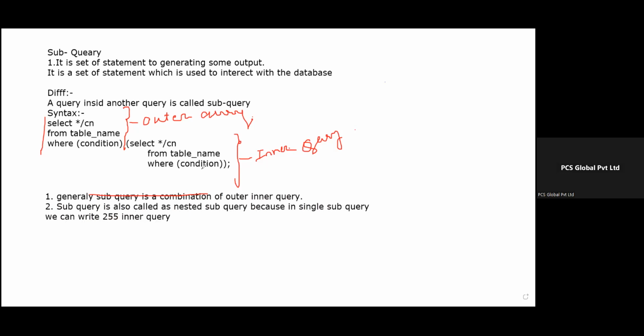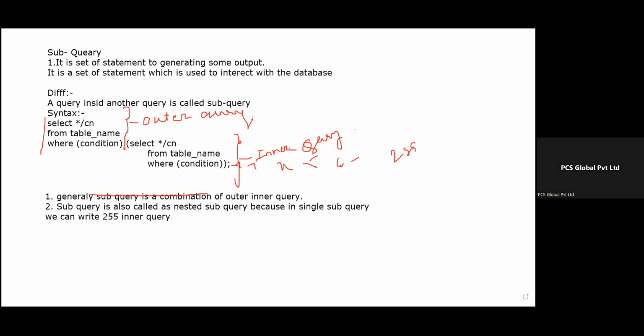This is one inner query. We can write 2, 3, 4, 5, 6, 7 till 255 inner queries, right? Guys, understood or not?